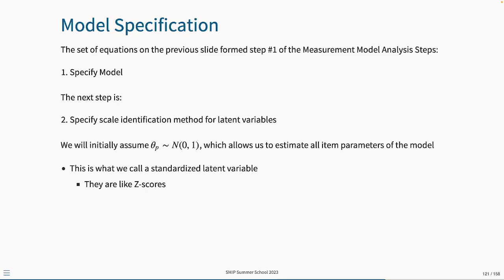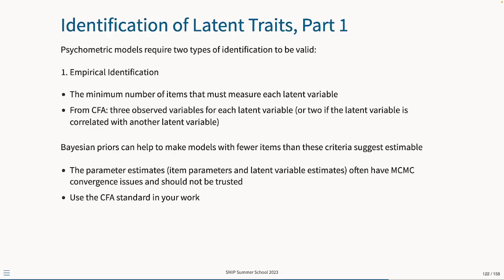So we will need to estimate some type of variance. I put that in quotes because, remember, the scale is arbitrary. I sort of drew that slide yesterday where I had the number line and I just sort of erased the numbers. People are lined up the same, but the numbers on the bottom, it's a little weird. They may change. Okay, so we need two types of identification for models to be valid.